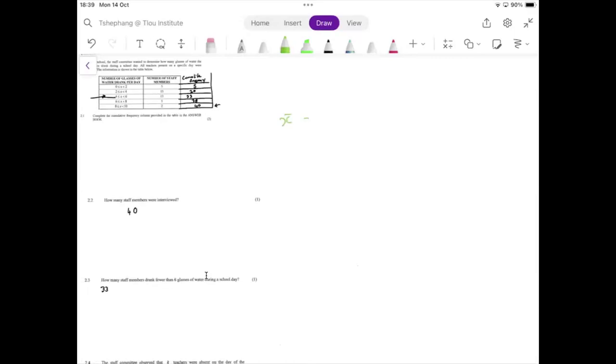So we can say that x bar is equal to the midpoint of the first class, which is 1, multiplied by 5, then plus 3 times 15 plus 13 times 5 plus 5 times 7 plus 2 times 9.